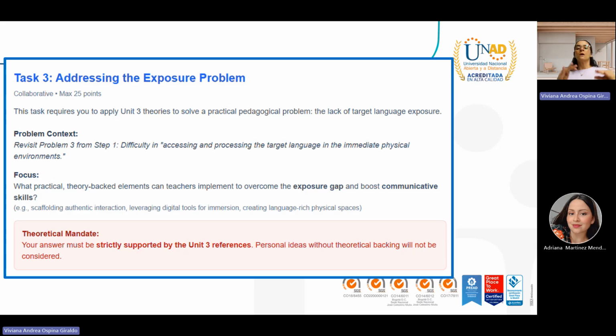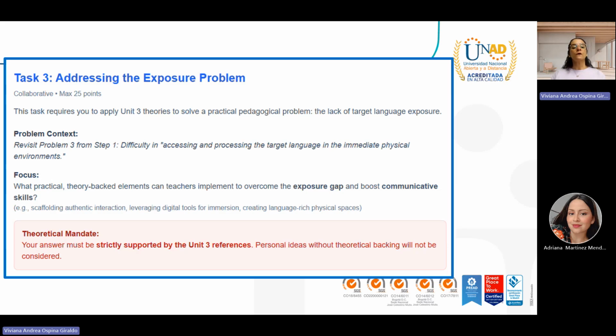How do we overcome this exposure gap and boost communicative skills? So there are some examples like scaffolding, interaction, digital tools for immersion, creating language-rich physical spaces. All of these ideas will help us to create this ideal learning environment.